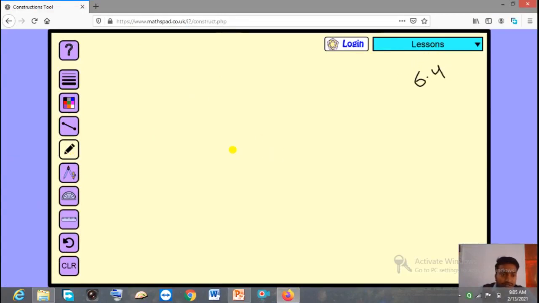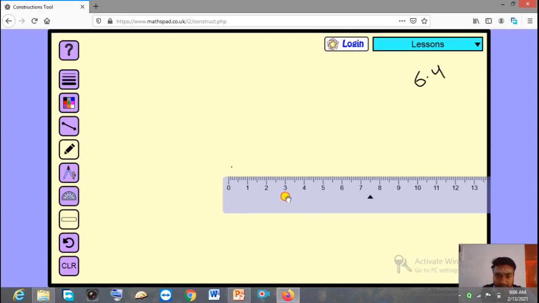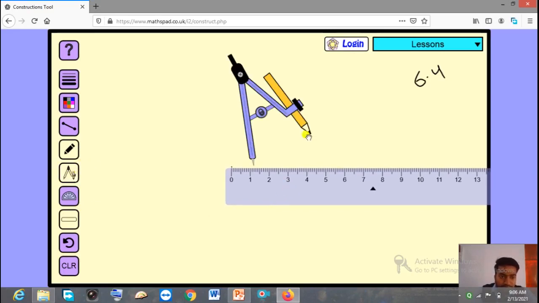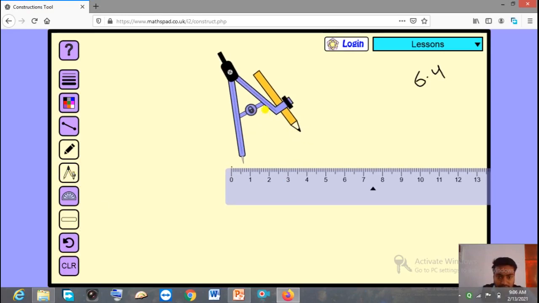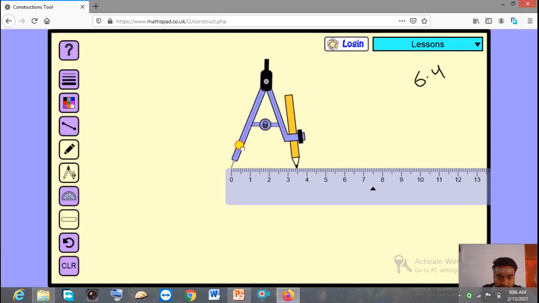First, give a fixed point, then take a scale, then take a compass. Fix the metal arm here and stretch the pencil arm according to the radius, and the radius we have is 6.4.